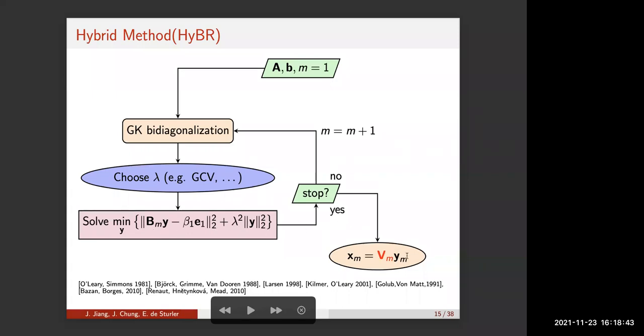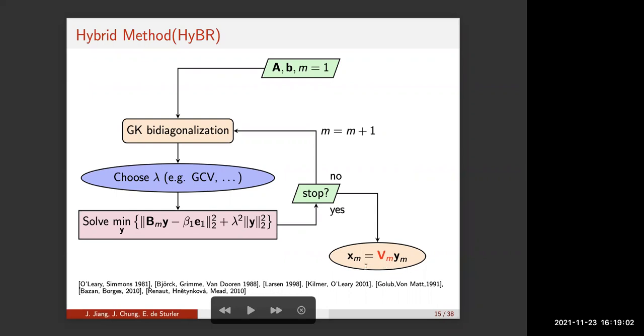And then we map the solution back to get the solution of the original problem. And the mapping is defined as VM times YM, and the VM is based on the Golub-Kahn bidiagonalization we introduced before.